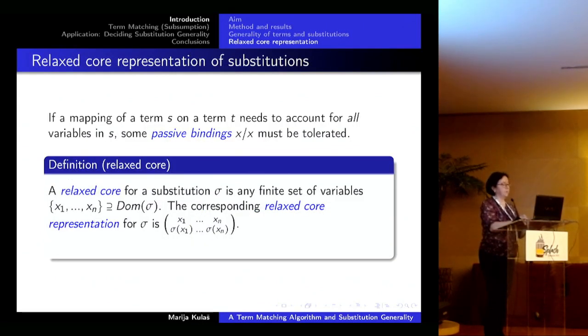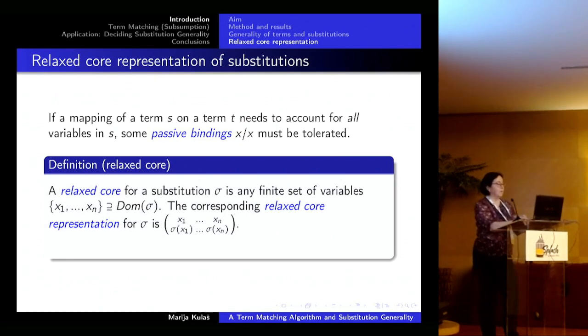The other part of terminology is relaxed representation. Well, normally substitutions are represented in a very restrictive way. Only non-fixed points are taken into account, and there must be only finitely many.